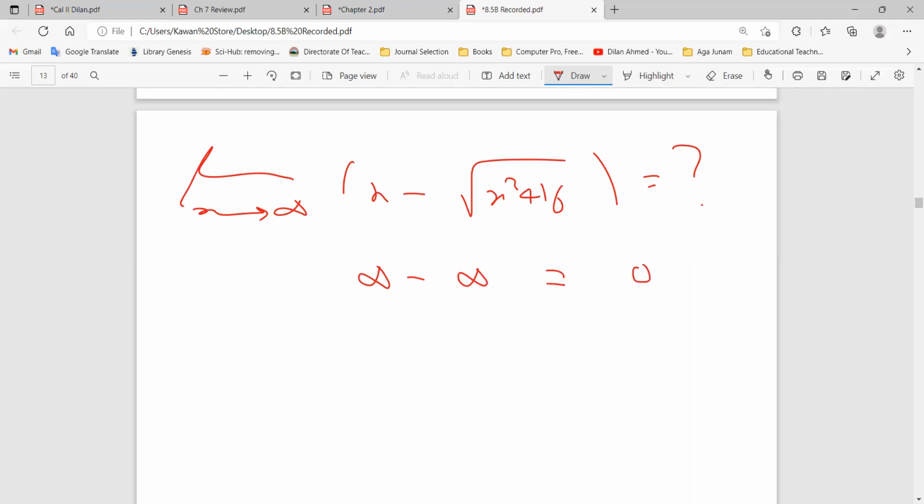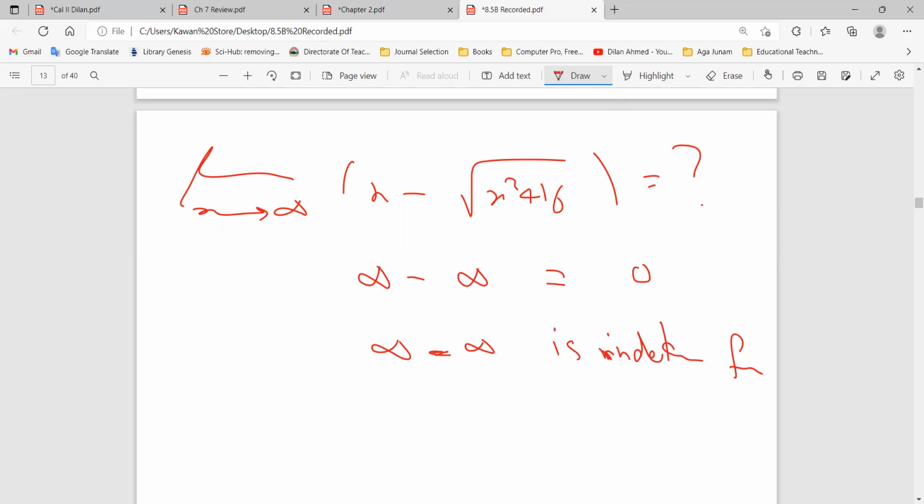Any other idea? Infinite minus infinite is an indeterminate form, meaning that we don't know what it is equal to.